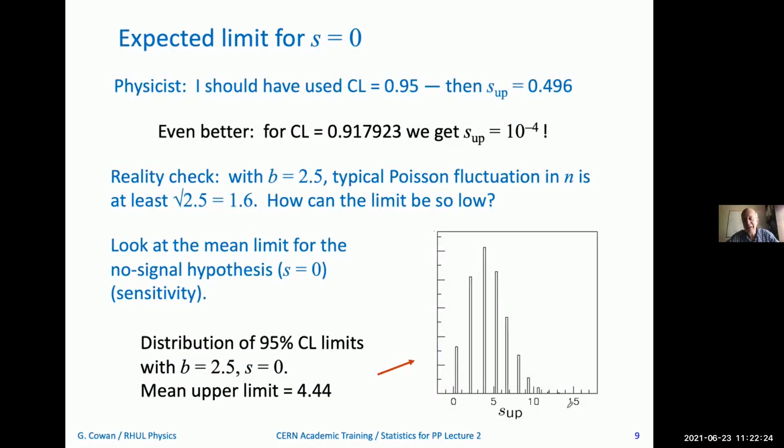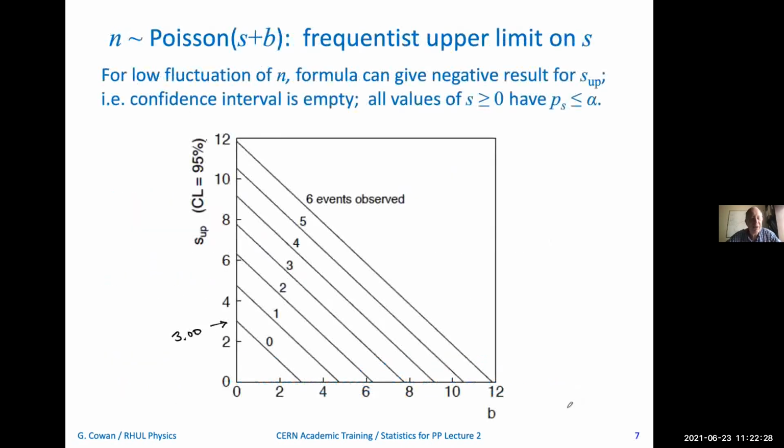Well, you might say, let me go back for just a second. If we look at this set of curves here, you can see that these values here, what do they represent? That's the value of S such that there is a 5% probability to see the number of events you observed or less. And so if you change the confidence level, say to 90%, that would just shift the entire family of curves down, right?